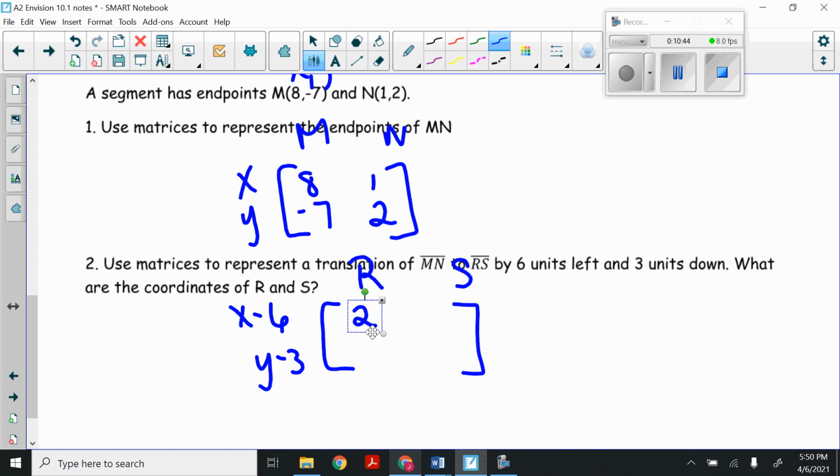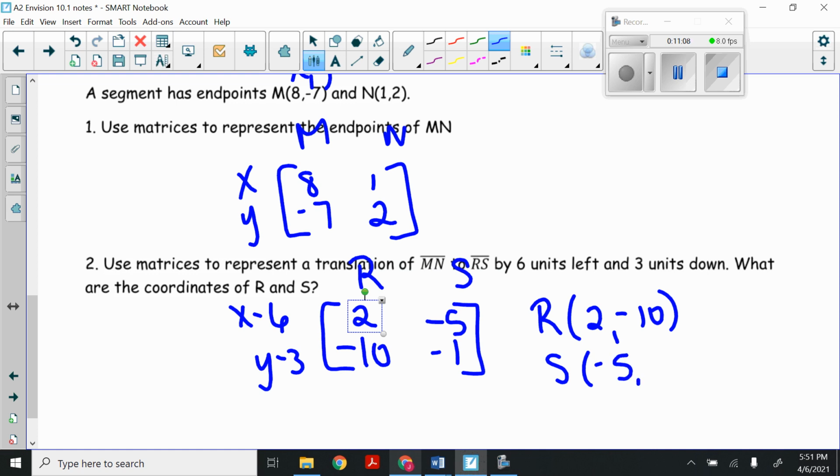If I take 1 minus 6, I get -5. -7 minus 3 gives me a -10. 2 minus 3, -1. So my endpoints of R and S, so R is the point 2, -10. S is the point -5, -1.